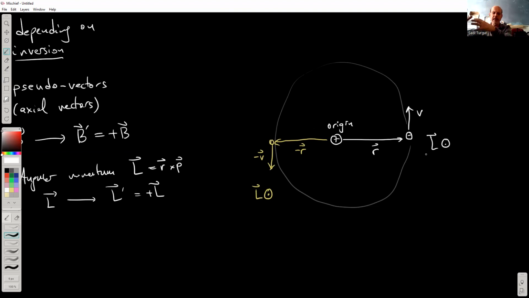So when I carry out the inversion operation, the angular momentum did not change direction. Okay, so therefore there are two different kinds of vectors that transform in these two different ways under inversion operation.